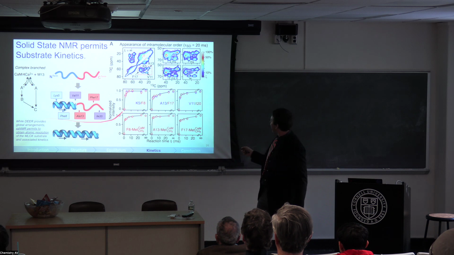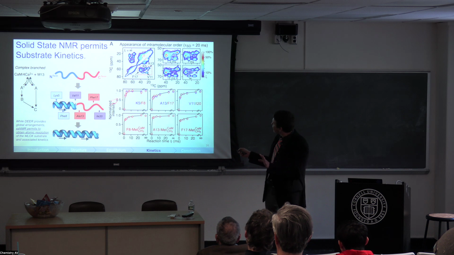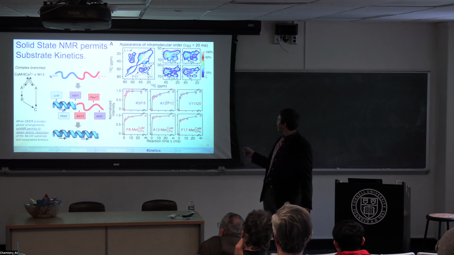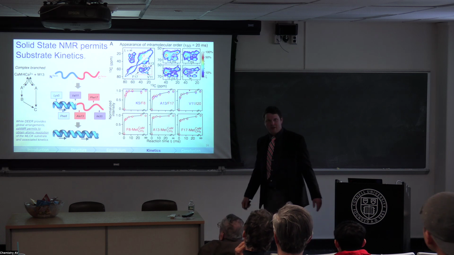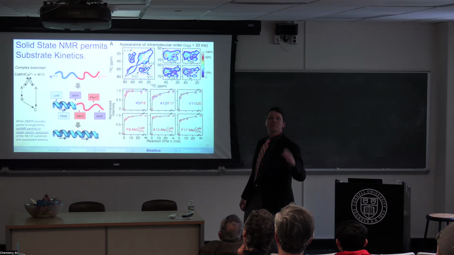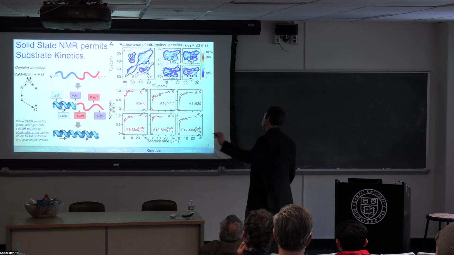And indeed, we can. I'm going to get to it in the next slide. But what I just want you to see, if I look at lysine 5, alanine 8, it's a beautiful fit. Alanine 8, 13, and F17, beautiful fit. They are very nice fits based on the same kinetic model as I have shown previously.